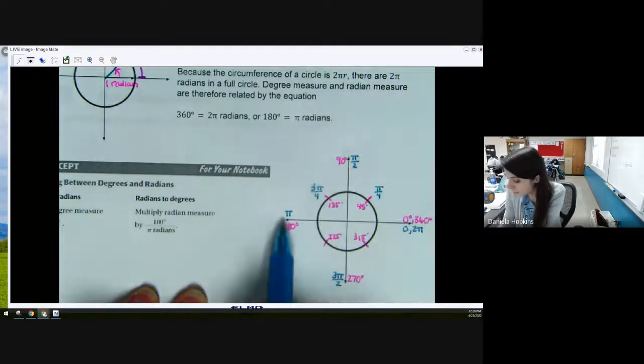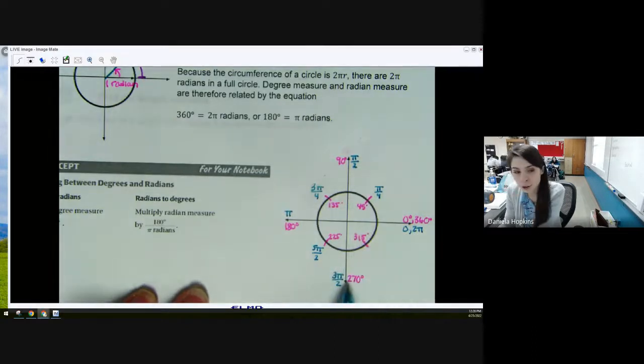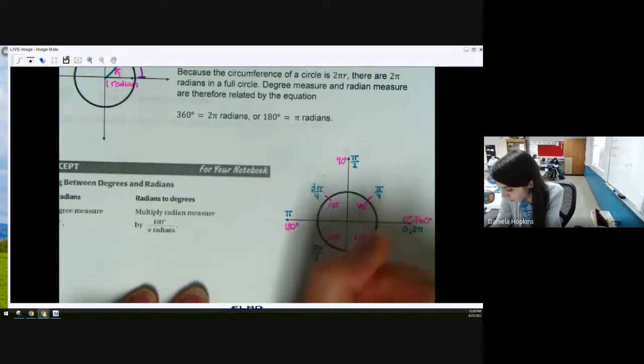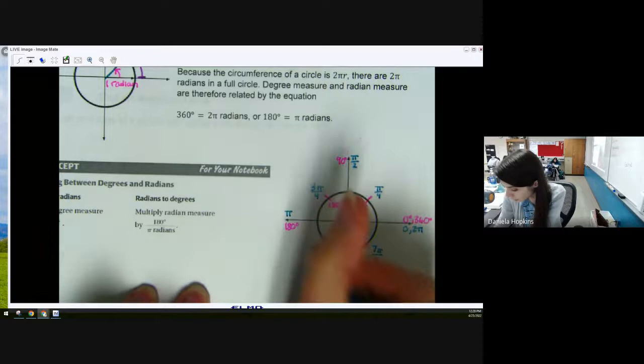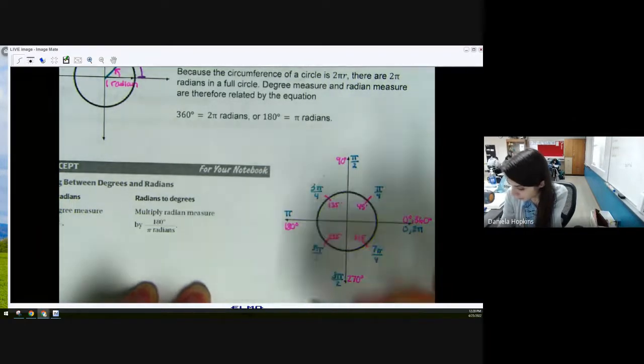This would be 4 pi over 4, which reduces to pi. This would be 5 pi over 4. This would be 6 pi over 4, which reduces to 3 pi over 2. And then this would be 7 pi over 4. I kept saying over 2, it's over 4. Sorry.